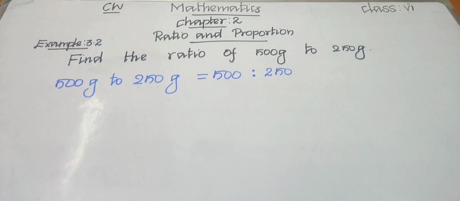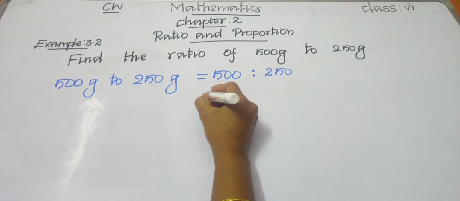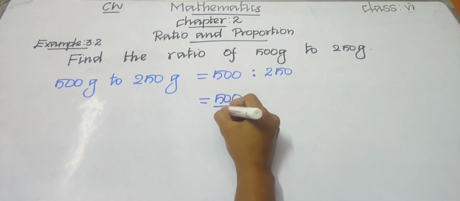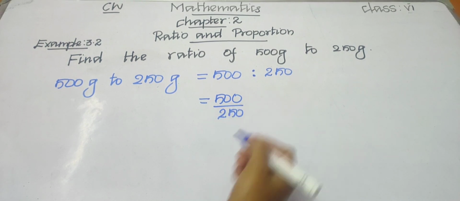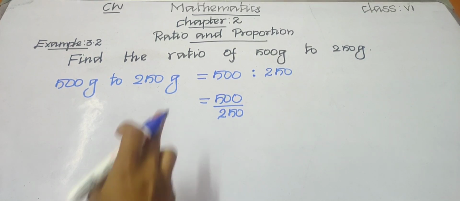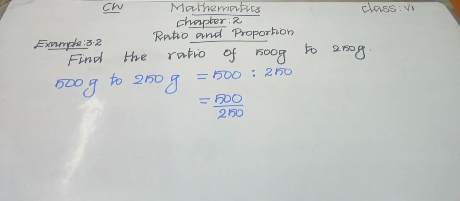We need to write it in the form of a fraction. So we can write this as 500 by 250.